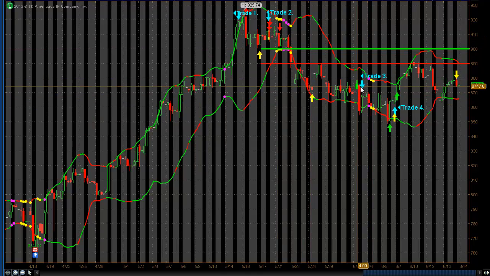The third trade was put on the 3rd of June, shorted, covered right here, and then went long on the 7th of June, a long vertical ladder call spread. And that was taken off yesterday, Friday, towards the middle part of the day, when Google started trading back below 880. And I'll show you why I took it off and how I managed the trade.